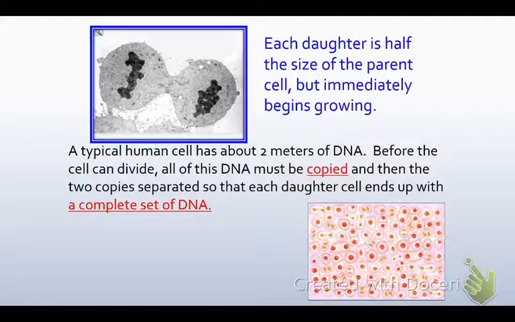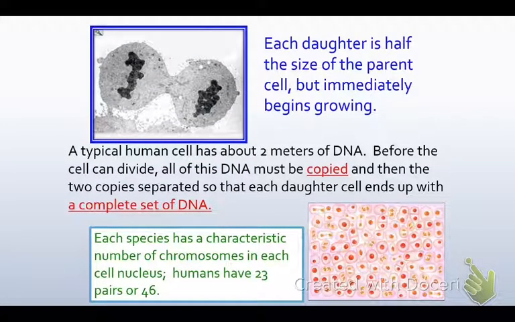You can see the various stages of dividing in these little pictures. Here are two new ones, and you can tell it's dividing up the DNA. What's really important is that each daughter cell ends up with a complete set of DNA.